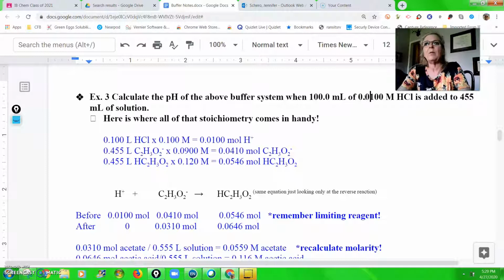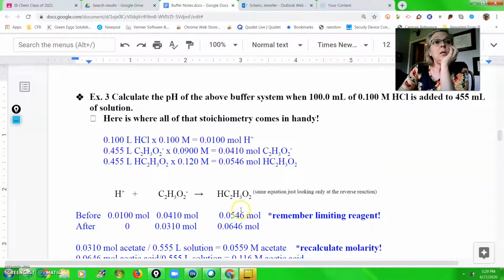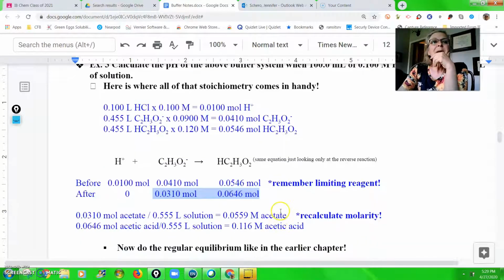I just noticed a typo here. We're going to make sure that we have the correct number of moles. Oh, that's right. Okay. So what is formed afterwards is actually our buffer system. Of course, we have to recreate the molarity, which we're going to take the moles of each one that remain after and divide by the total number of liters.